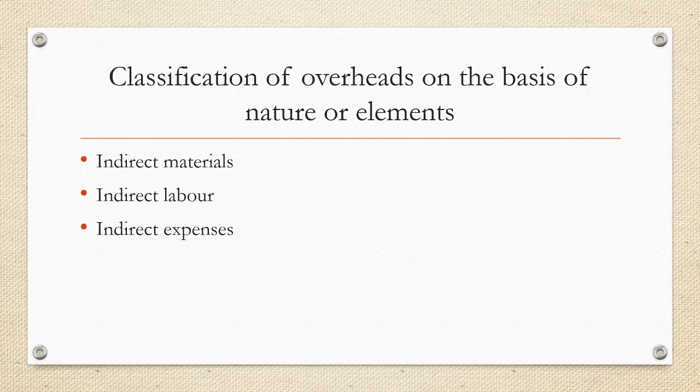So these are actually the materials which cannot be allocated, but can be apportioned to the cost centers or cost units. For example, the stores items used like lubricants, cotton waste, cement and things like that, which cannot be directly allocated to a particular cost center, we call it indirect materials.